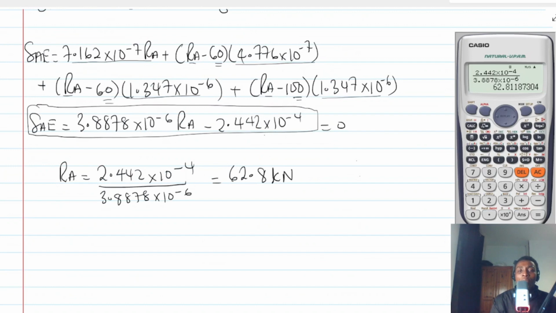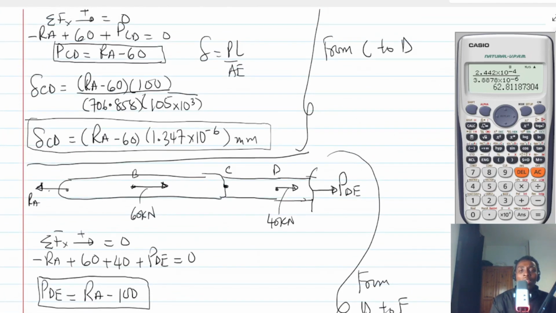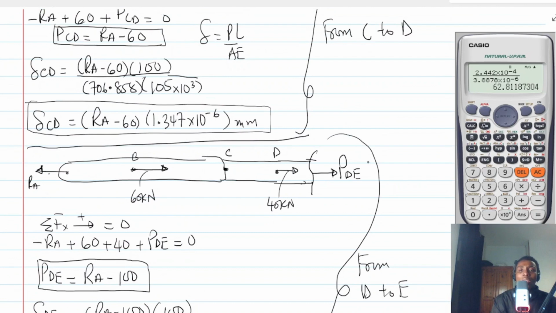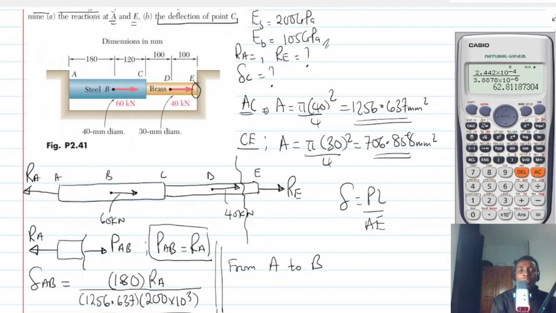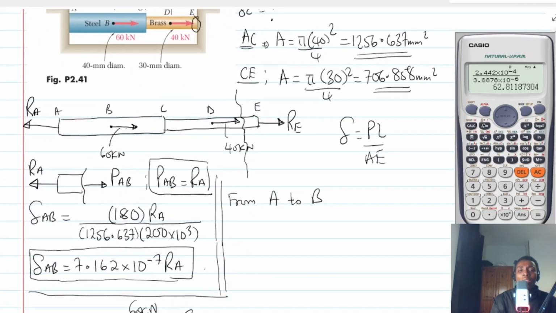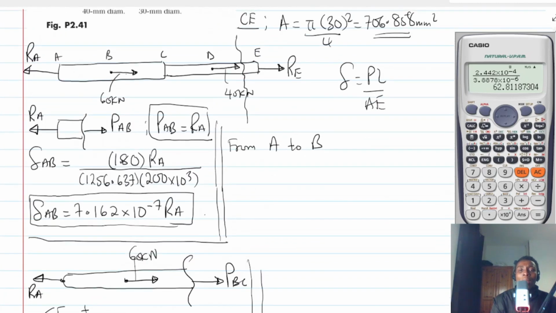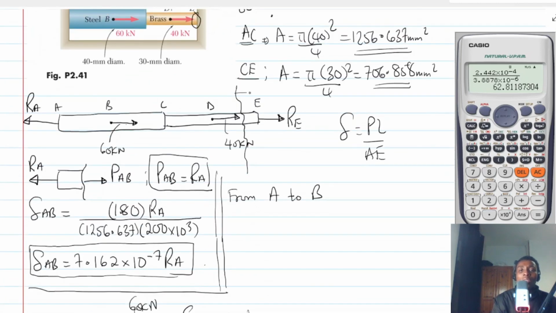To be able to solve for RE, looking at the last portion, PDE, if you look at this last portion and then you bring it here, it will be something like this.